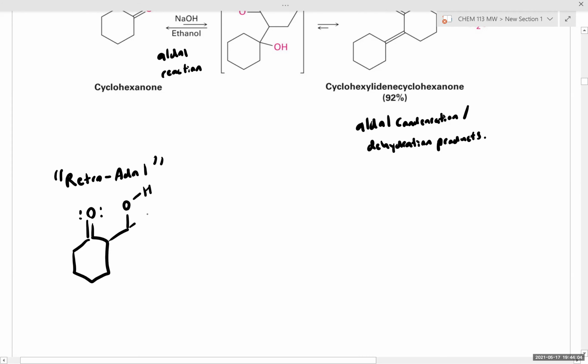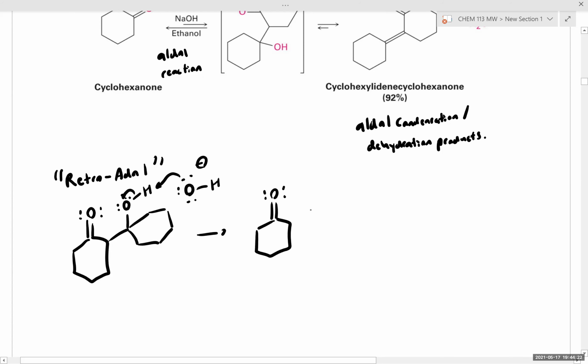How is this aldol reaction reversible? Well, if we have any excess base floating around, we can deprotonate our alcohol and make an alkoxide ion.